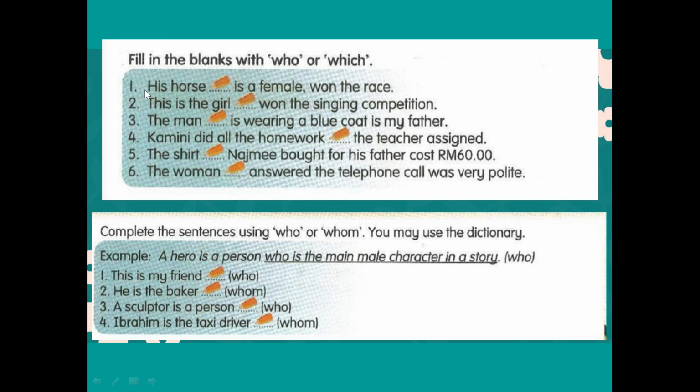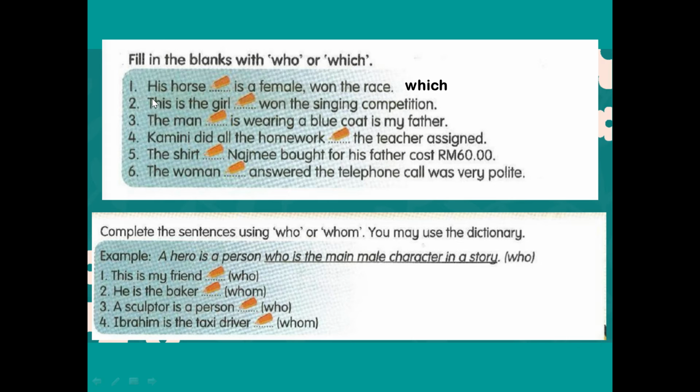So let's see. His horse is a female won the race. So what is the subject here? Horse. So horse is an animal. So when it is an animal, we use which. So the answer is his horse, which is a female, won the race.